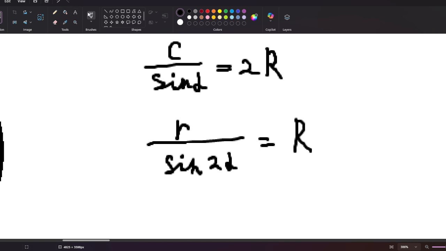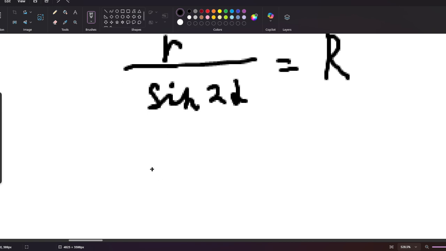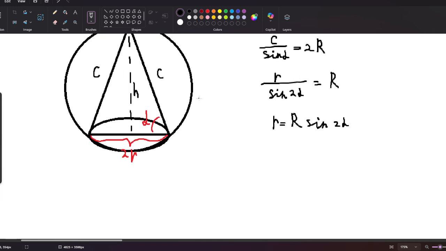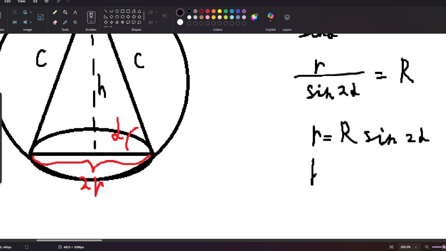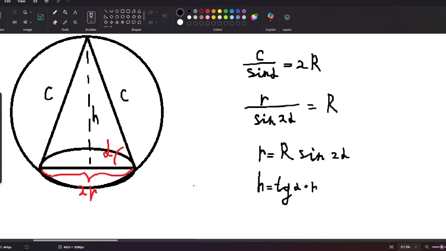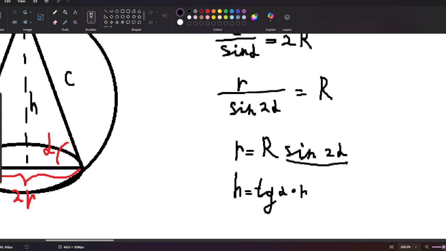We got a direct connection of the triangle to R capital, and it also allows us to represent r in terms of R capital, the R capital times sine 2 alpha. Now, we can represent h in terms of r tiny. That's going to be tangent alpha times r tiny. So essentially, now we represent everything in terms of R capital and an angle.